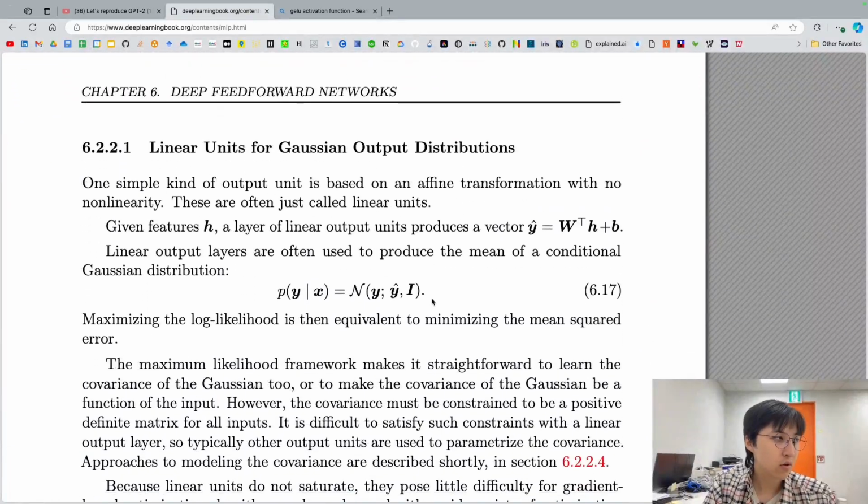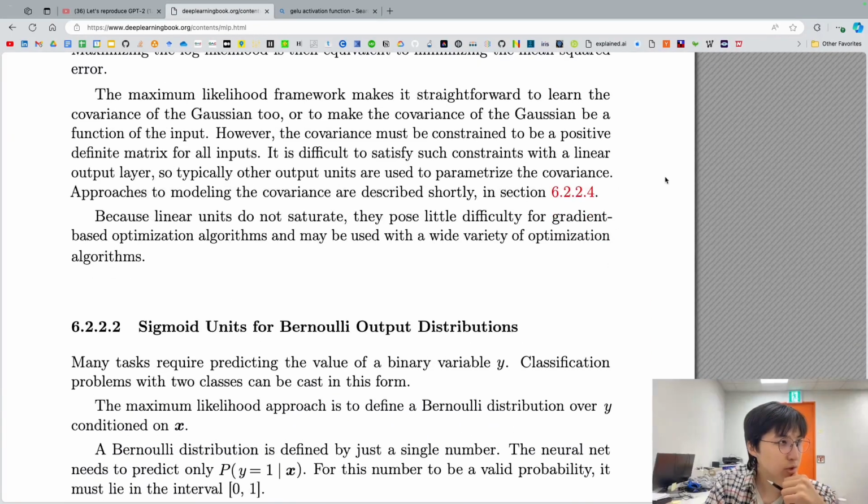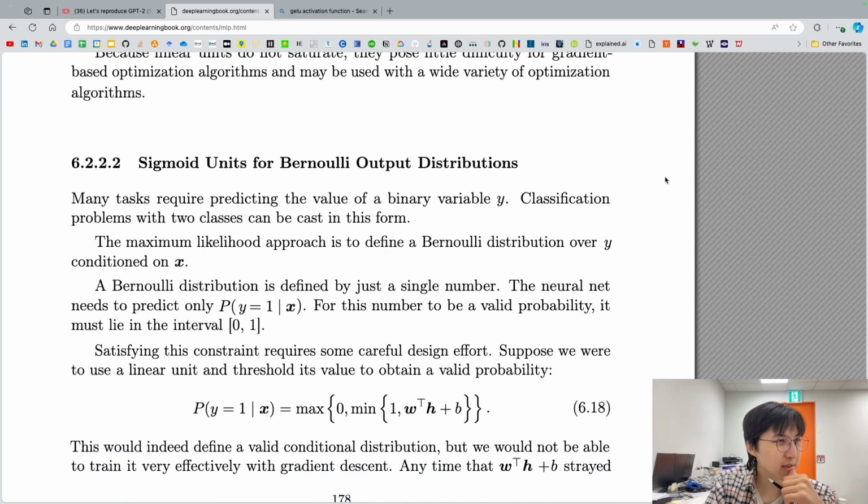So here it talks about linear units, which are indeed continuous values, and they give us the vector, and it is continuous, and it is in the Gaussian distribution. What can I say more? I think that's all about that.